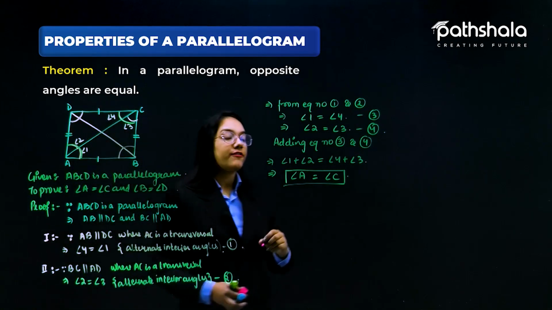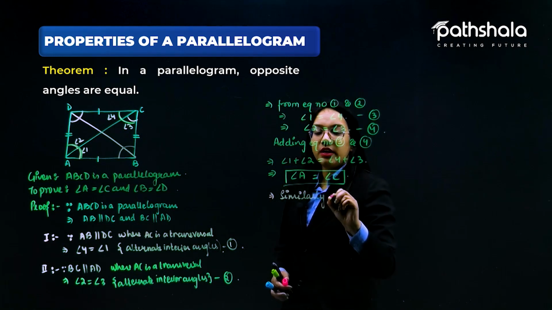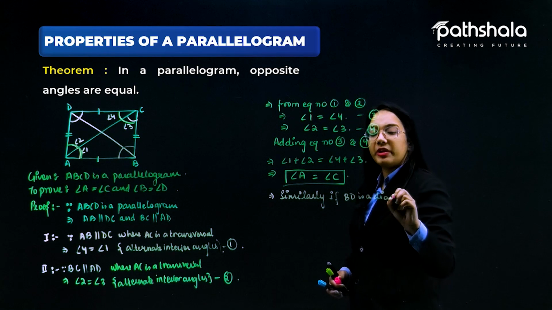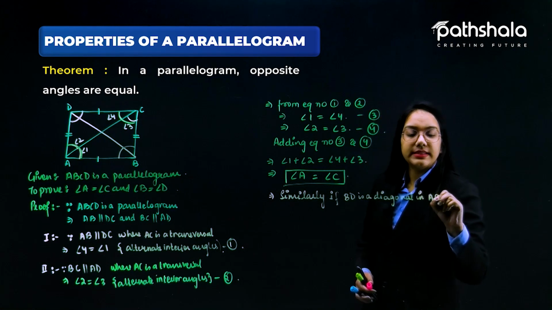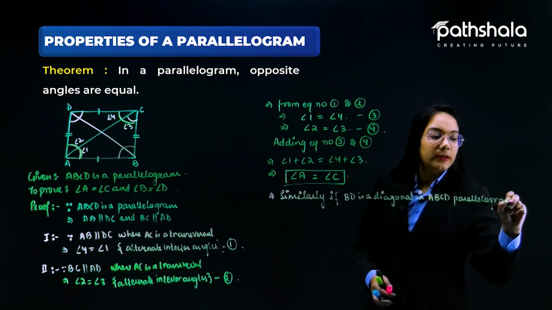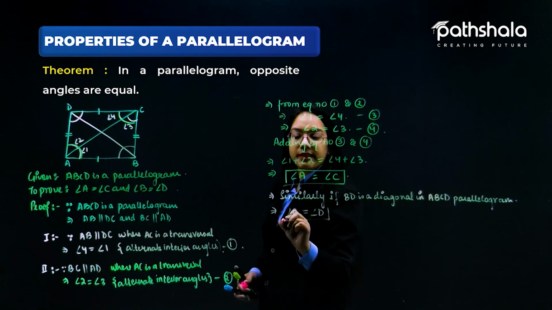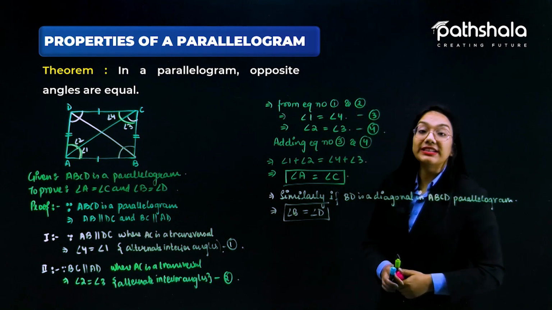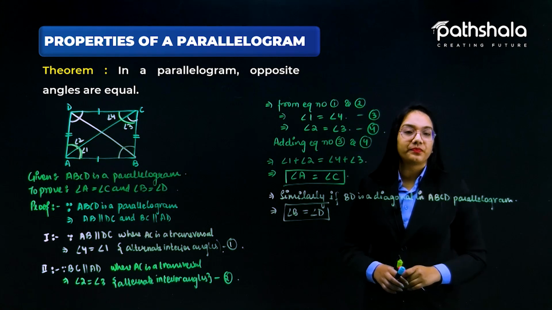Similarly, if BD is a diagonal in parallelogram ABCD, it implies angle B is equal to angle D. And this is exactly what we had to prove over here, that in a parallelogram ABCD, the opposite angles are equal to each other. So this is the proof of this theorem.